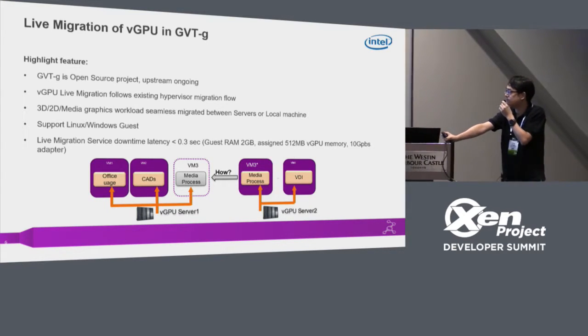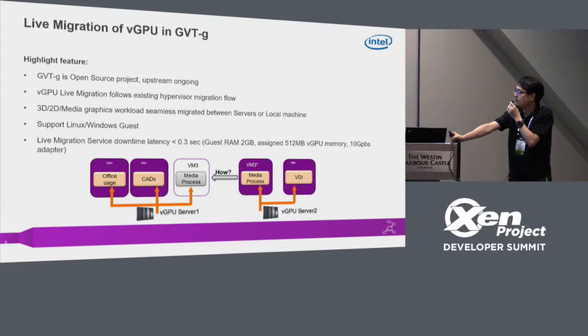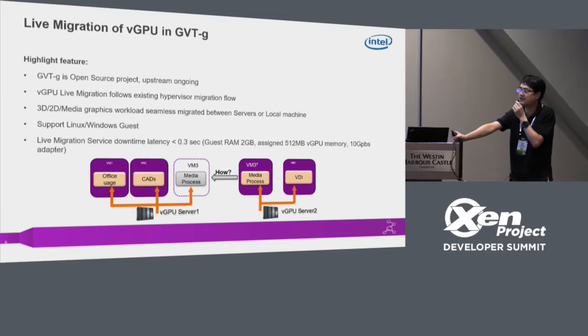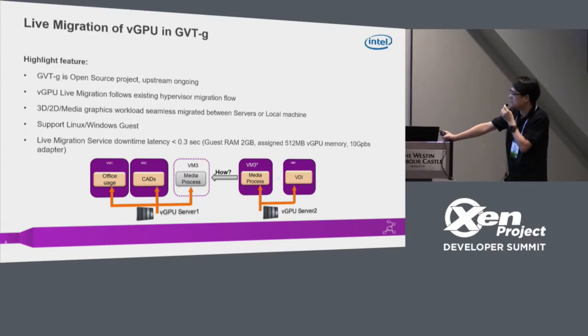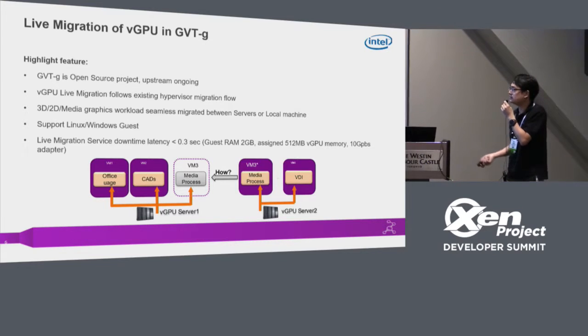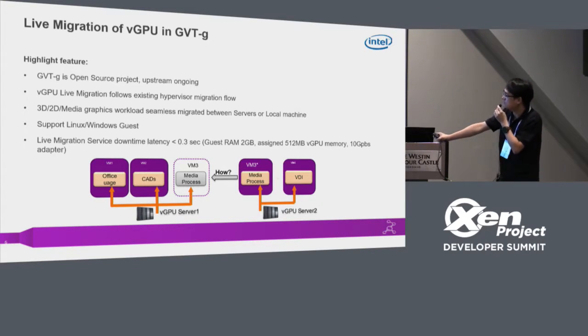For the timings, the GVT-g live migration service downtime, or latency, is around 300 milliseconds. It is based on a 10 gig network adapter. It is designed with 2 gig memory and 512 megabytes of graphics memory.